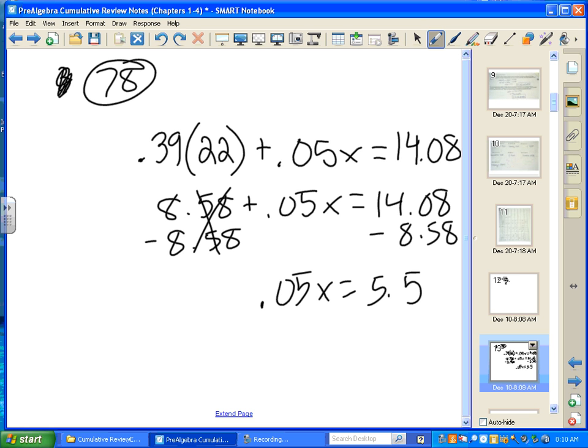And then divide by 0.05, you get 110 minutes. Maybe you just divided wrong? Okay, well, you probably typed it in wrong. Type in 5.5 divided by 0.05. He might have. Okay. So at least you got the setup right. That was the more difficult part. Okay, Annalise?